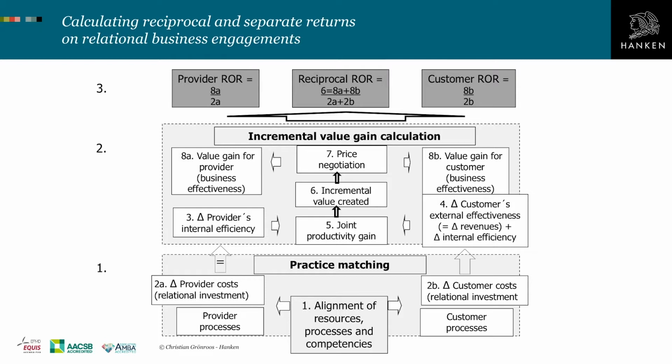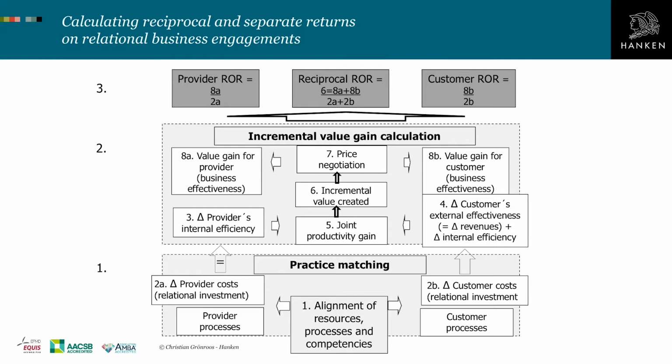In the middle on the top, in phase 3, reciprocal RoR is a matter of 8A plus 8B divided by 2A plus 2B, meaning value gain for the customer plus value gain for the provider, divided by cost change for the customer plus cost change for the supplier. There we have the relationship-related return, reciprocal return on relationship.